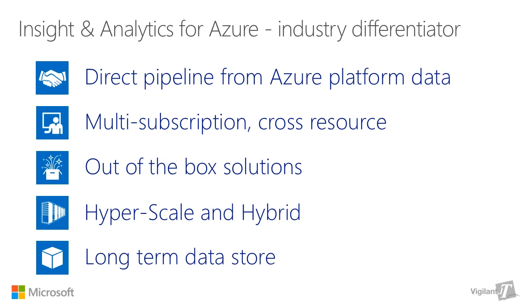Out-of-the-box solutions set up in seconds, written by the Microsoft product teams themselves. Hyperscale running in Azure, making use of over 20 data centers globally and supporting true hybrid on-premises or any public cloud. And long-term data storage to help look at trends and to analyze anomalies in your environment.